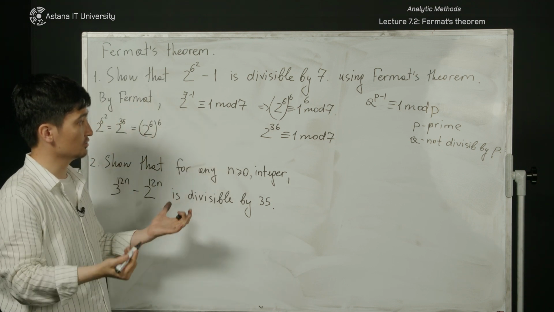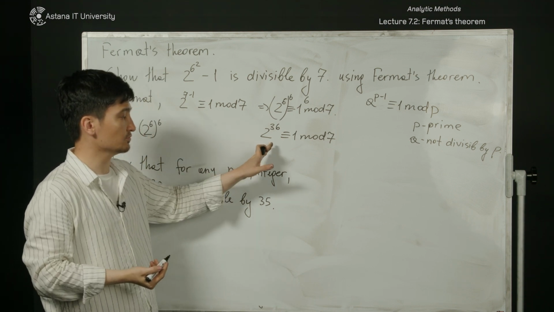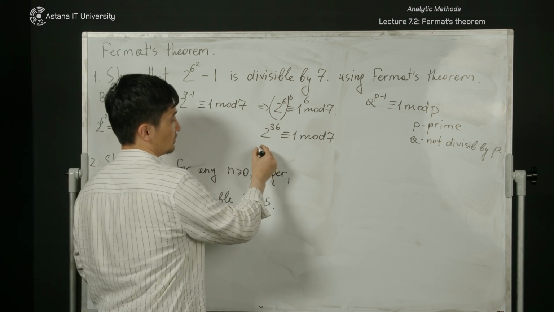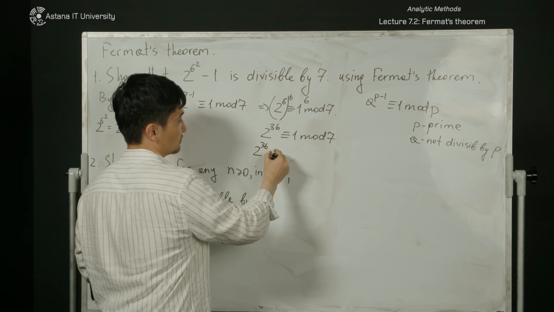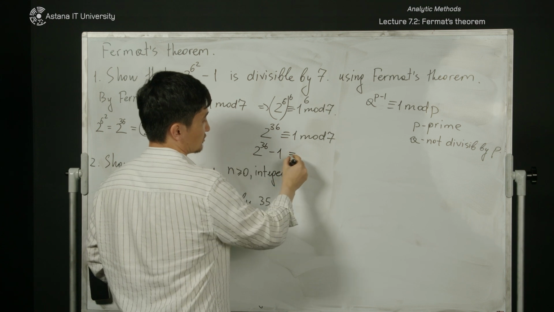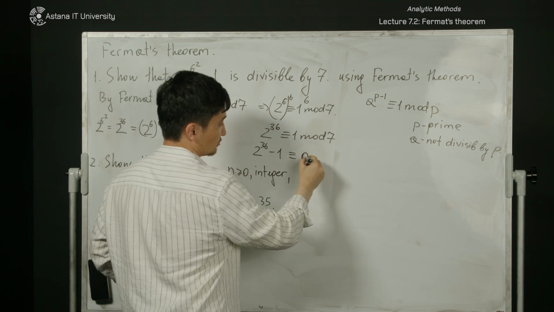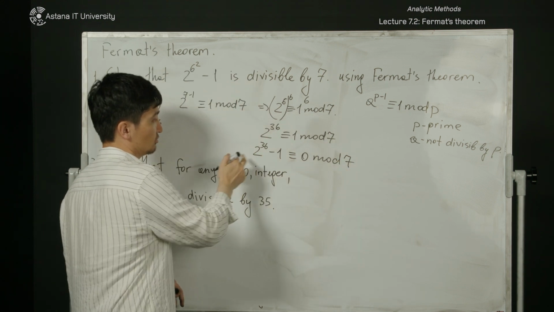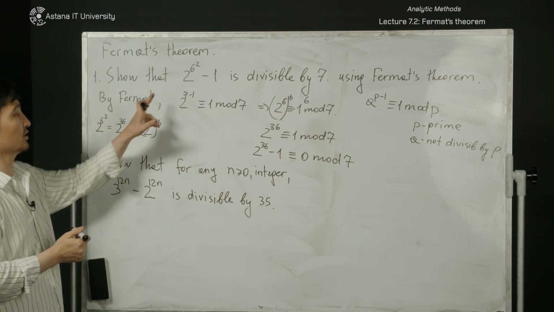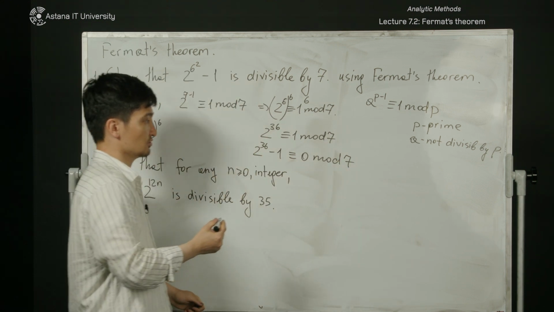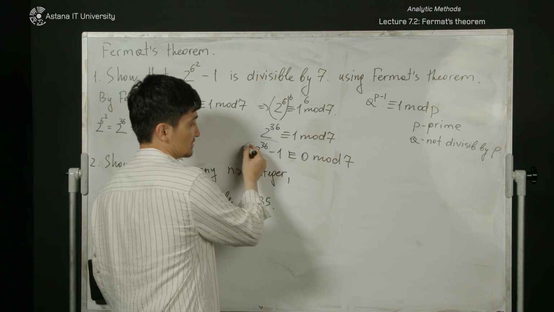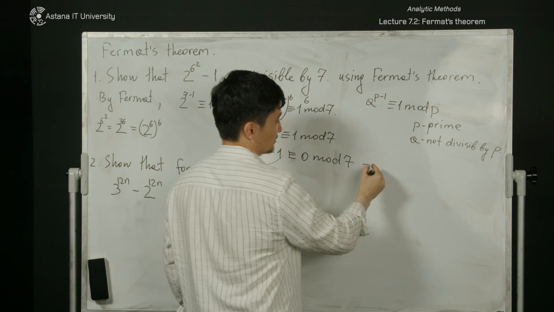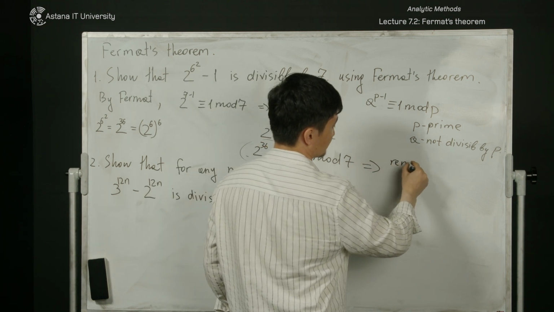Okay? Now what I can do is subtract 1 from each side of this expression. If I subtract 1, I will have 2 to the power of 36 minus 1 over here, and 1 minus 1 is 0 mod 7. And I know that 2 to the power of 36 minus 1 is basically my expression what I needed. So therefore, when I divide this number by 7, remainder is 0.